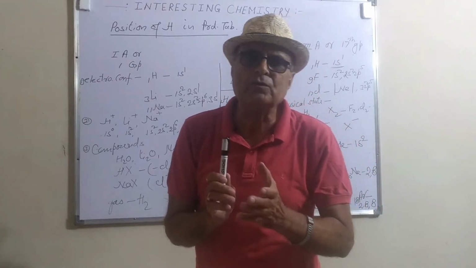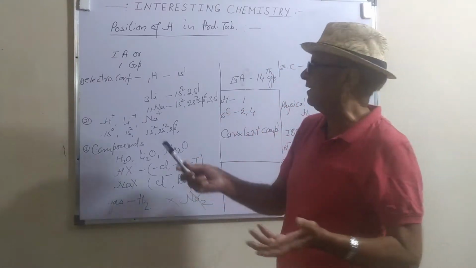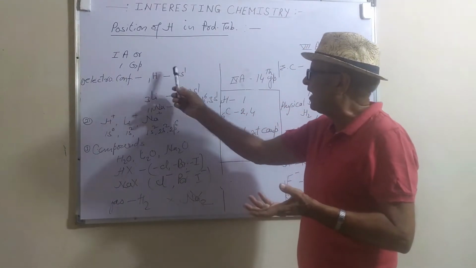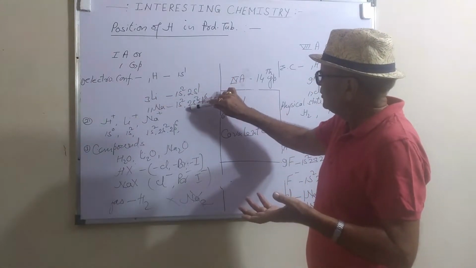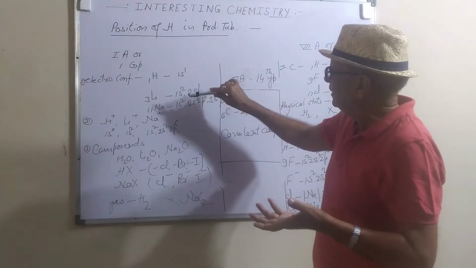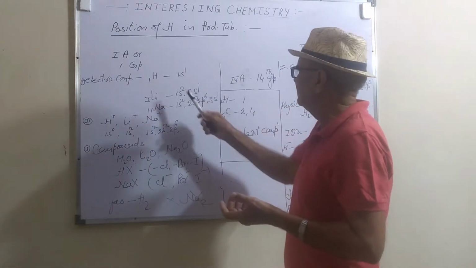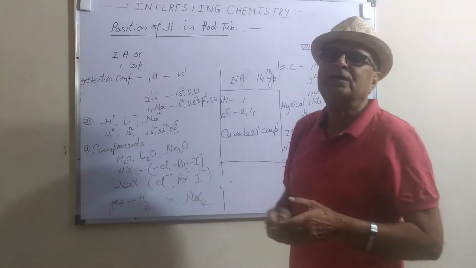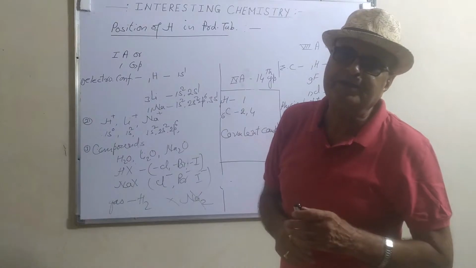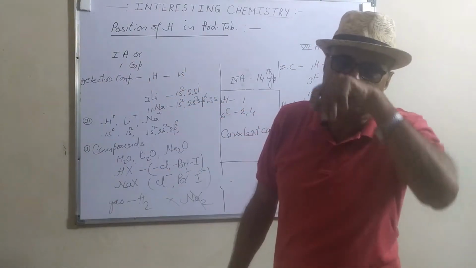Why? Because the electronic configuration of all alkali metals resembles that of hydrogen, that is s1, s1 and so on. So it is placed with the alkali metals in group 1A, the first group.